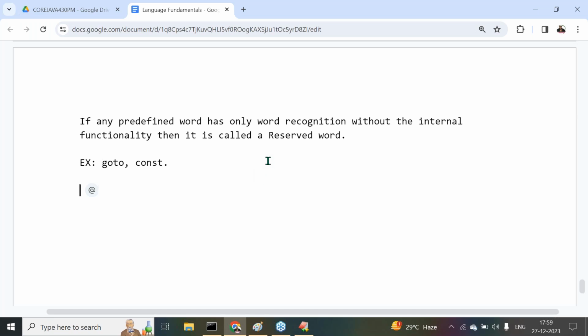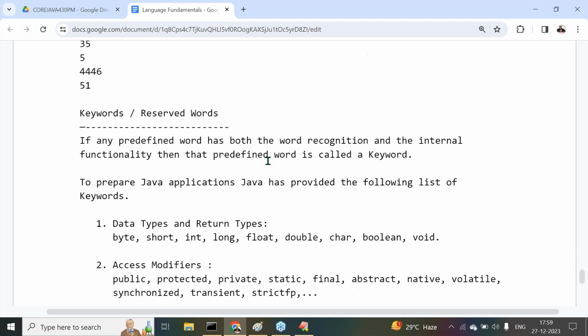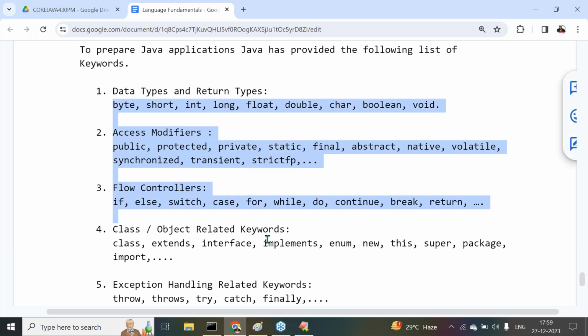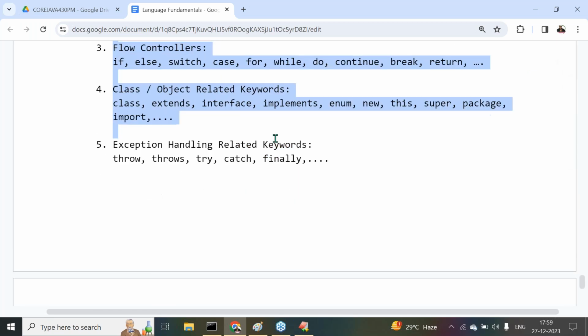Now, all these keywords are not required to be understood immediately. They're available throughout Java. Our knowledge may not be sufficient to understand each and every keyword. Whenever we move inside Java effectively, when the topic comes, I'm going to discuss the related keywords.